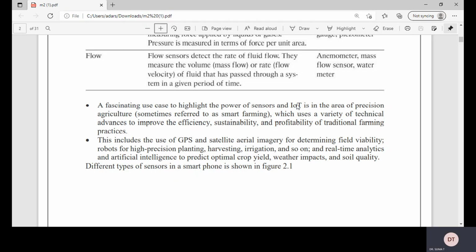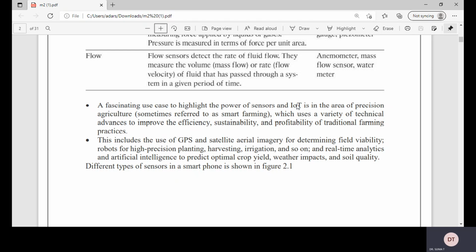Then biosensors detect various biological elements such as organisms, tissue cells, enzymes, antibodies and nucleic acids. Examples: blood glucose biosensor, pulse oximeter, electrocardiograph. So these are the technologies which are going to build IoT.